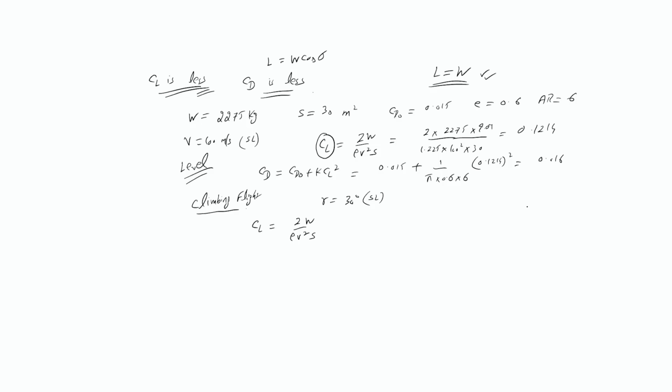During climb we have L equals W cos gamma, so we will have W cos gamma. Now if you substitute gamma as 30 degrees and calculate accordingly, you will get CL as 0.1051. So now the CL has actually reduced. Previously CL was 0.1214. Similarly CD.